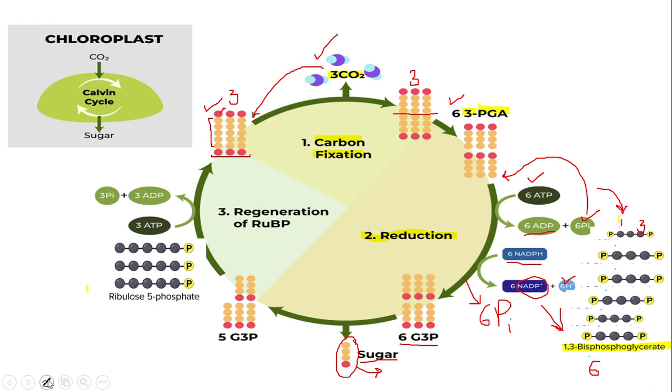So, next, there will be the remaining 5 G3P molecules in the cycle, because one is left over here. And these 5 G3P molecules will then be rearranged into the compound that is called ribulose 5-phosphate, because these are 5 G3P, a total of 5 molecules, and if you count the carbon number, there will be a total of 15, and in the ribulose 5-phosphate there are also 15 carbon atoms.